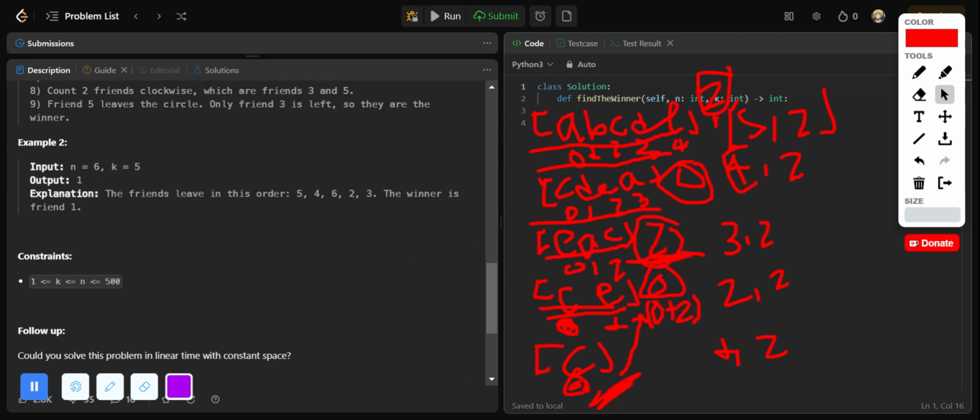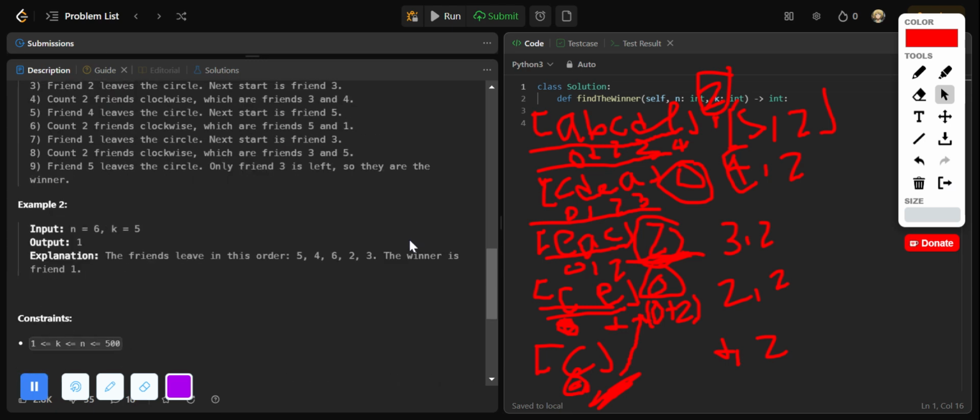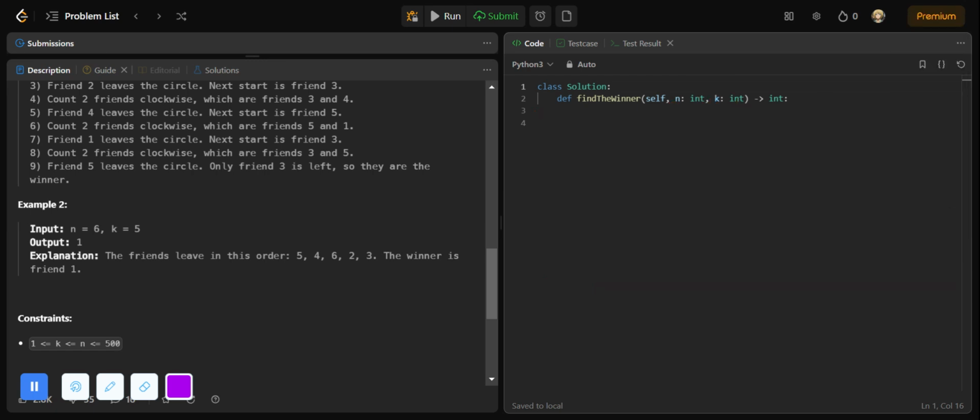We repeat this n times, so it's going to be n, and the space complexity is also n because of the call stack. So I hope you get the point. Now I'm going to write the code.